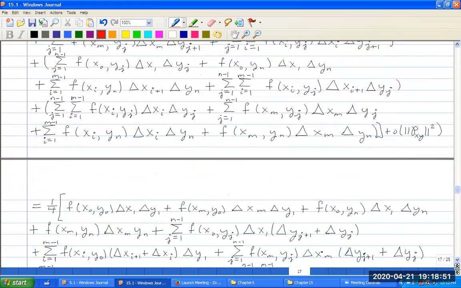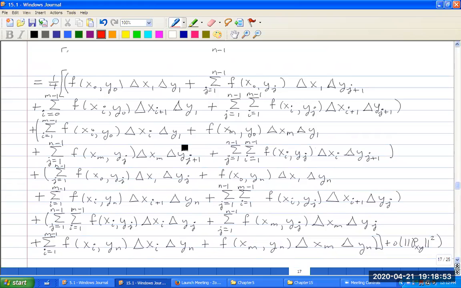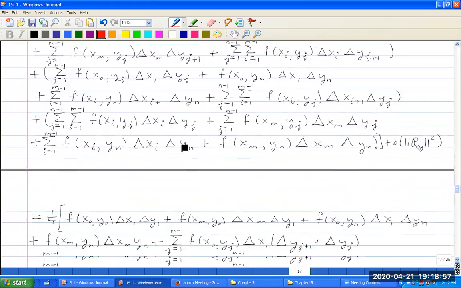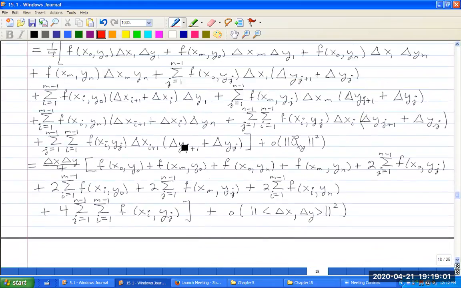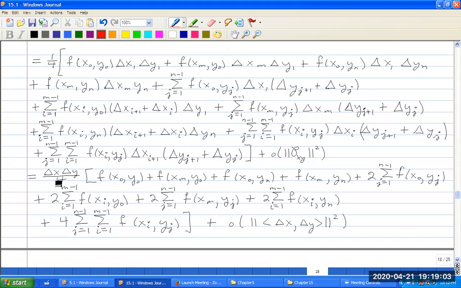Regroup. A whole bunch of algebra. Okay, so regroup, and you finally get this. You can go through all the little algebra, but I'll just say the algebra is there.